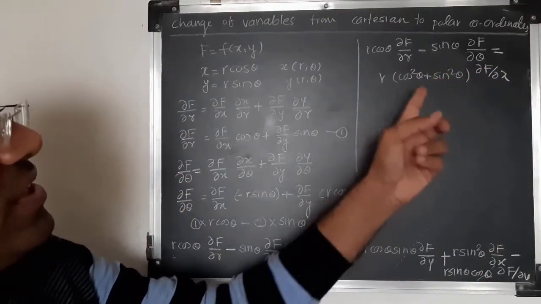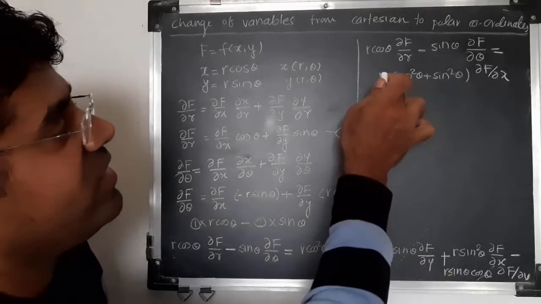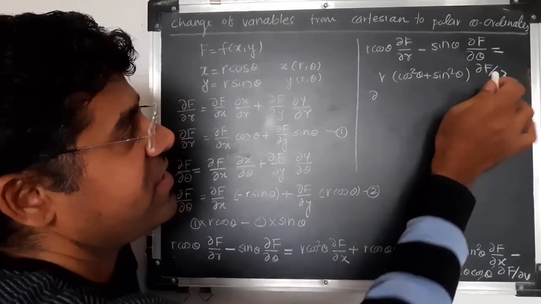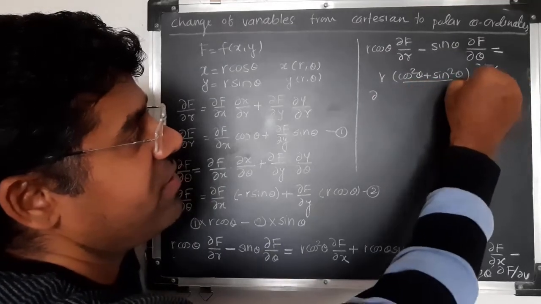Cos square theta plus sin square theta is one, a standard identity. I will send this r to the LHS, so this is nothing but equal to 1.